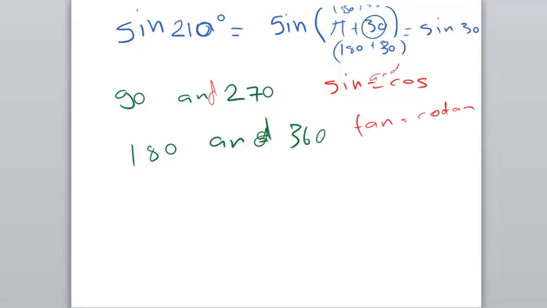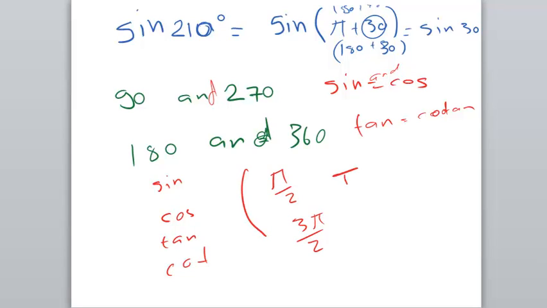Okay, so let's do a summary of the reduction formula. It would be like this: sine, cos, tan, and cot, with bracket pi divided by 2 or 3 pi divided by 2, minus or plus.